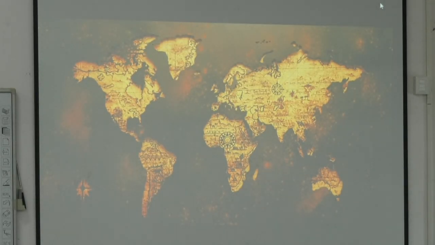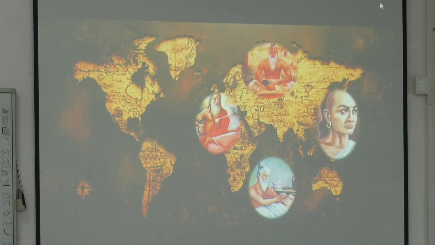So there is Maharaj Manu, Charak Samhita, Lokmanath, Shushruta, and Kautilya, Chanakya. All of these people have written in their books about legal medicine. Okay, it all started from them.